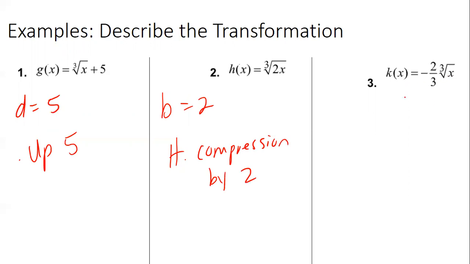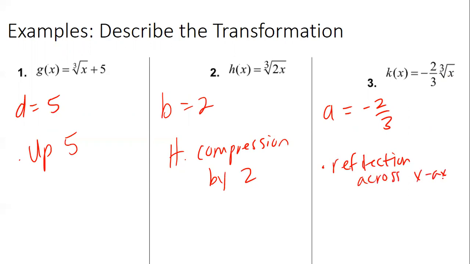On 3, what am I given? Your A. And your A equals -2/3. Ooh, what does that mean is happening? We have a reflection across what though? The X. And we have what? A compression. It's a vertical stretch. I mean, a vertical compression.